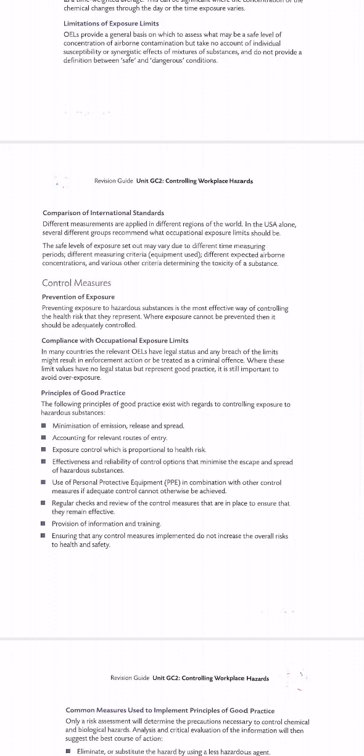The safe levels of exposure set out vary due to different measurement periods, different criteria, equipment used, different experts, airborne concentration, and various other criteria that determine the toxicity of the substance.